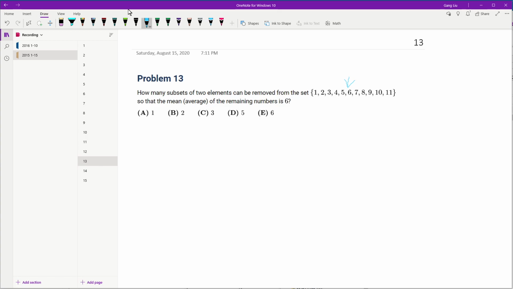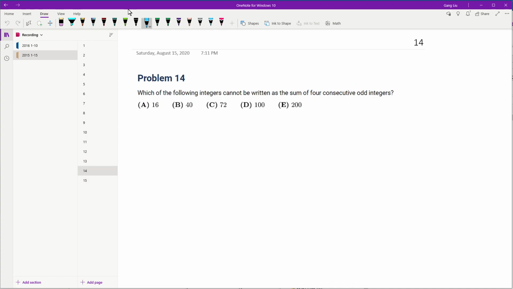If we take away two numbers that add up to 12 in a pair, we will be able to keep the average the same. We have 1 and 11 as the first pair, 2 and 10 second, and 3, 9, 4, 8, 5, 7. We altogether have 5 pairs. Answer is D.